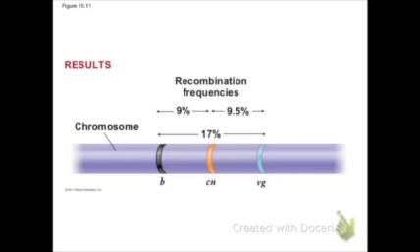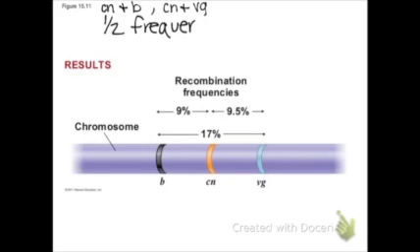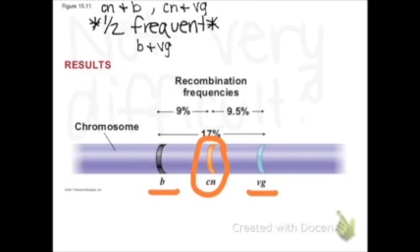So therefore, he concluded that the crossovers between CN and B and CN and VG are half as frequent as the crossovers between B and VG. So this map does locate that CN is halfway placed between B and VG.